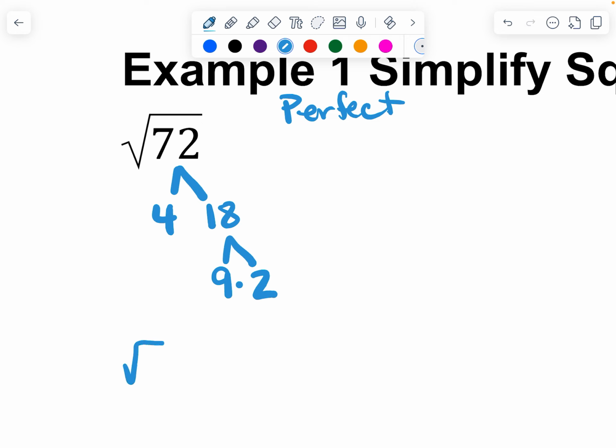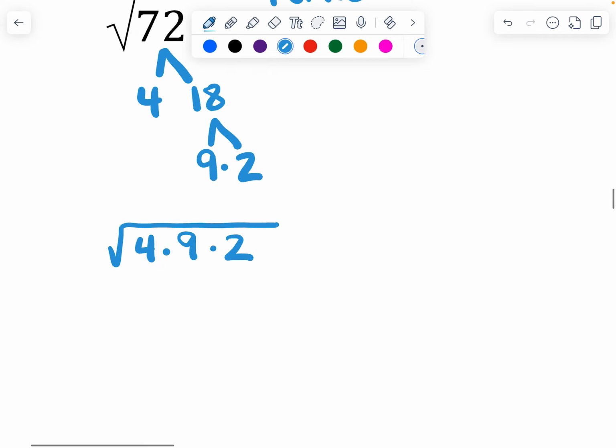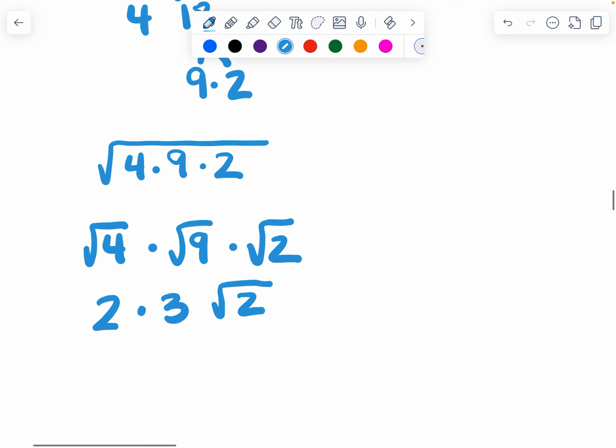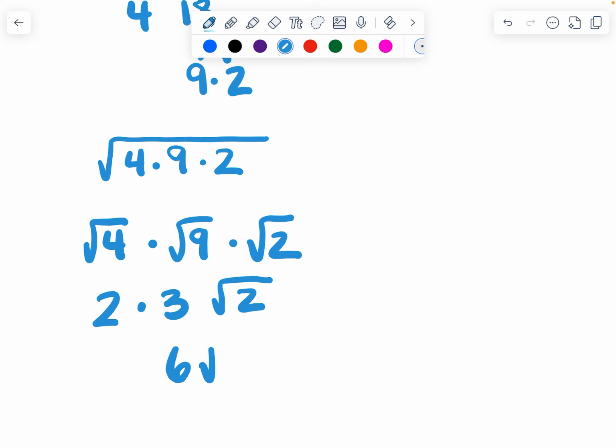So if I rewrite this, it would be 4 times 9 times 2. I can take the square root of 4 times the square root of 9 times the square root of 2. This gets me 2, this gets me 3, and I cannot take the square root of 2, so I leave it as is. So 6 square root 2, or 6 radical 2. And that is my answer.